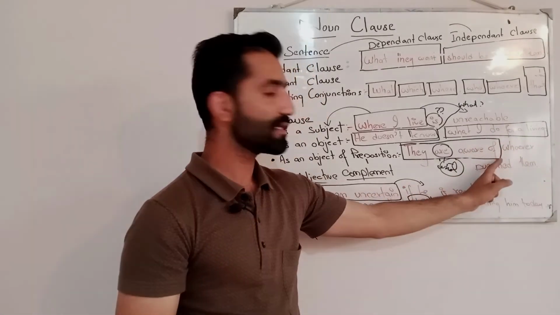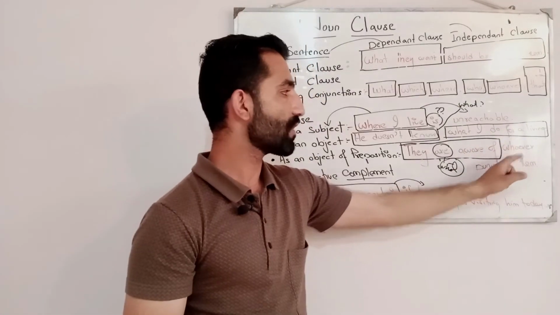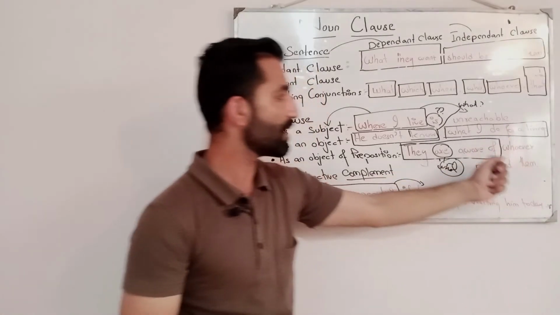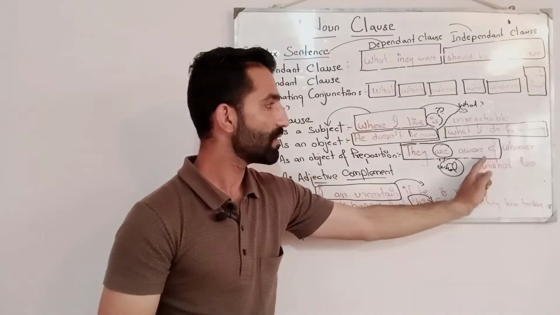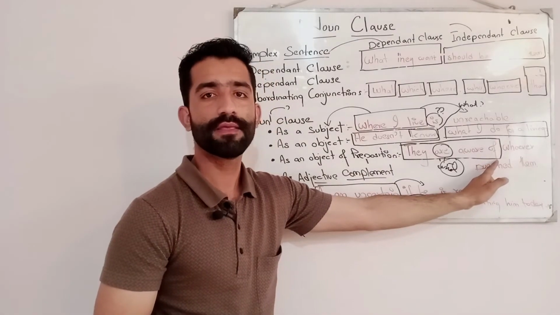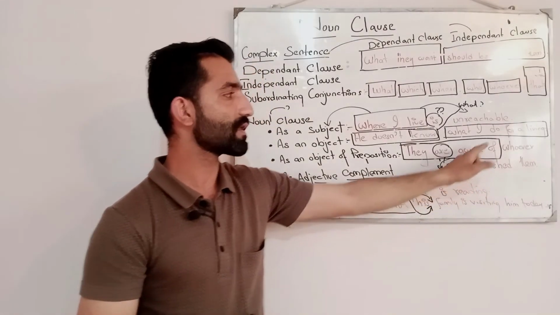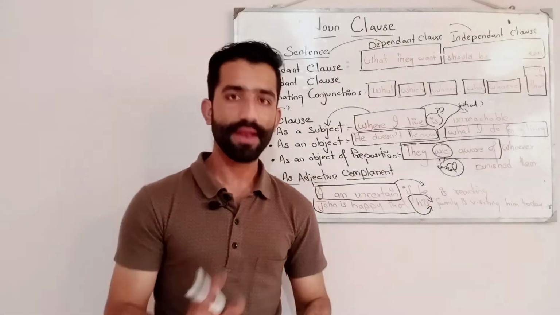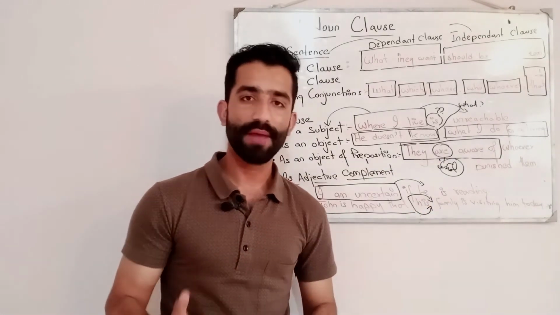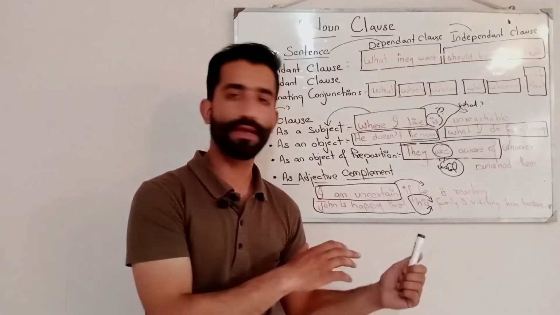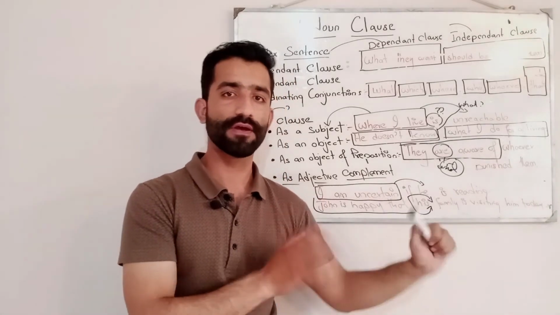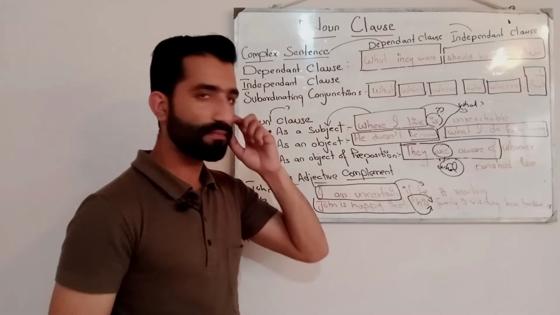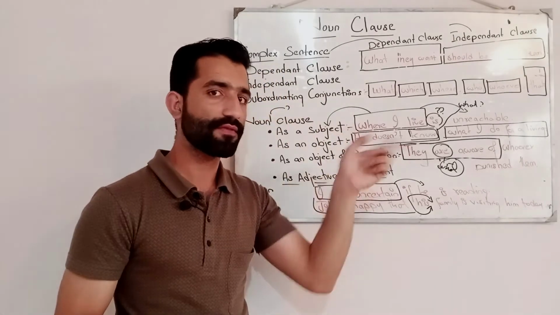So here what we need to look at is that the noun clause, connected with the subordinating conjunction, is coming right after the preposition of. So that means it is working as an object of preposition. Whenever a noun clause comes after a preposition, it functions as object of preposition. That is the basic understanding of noun clause as object of preposition.